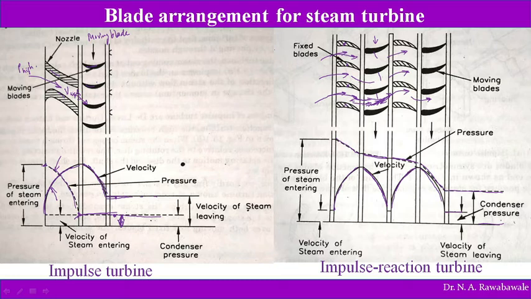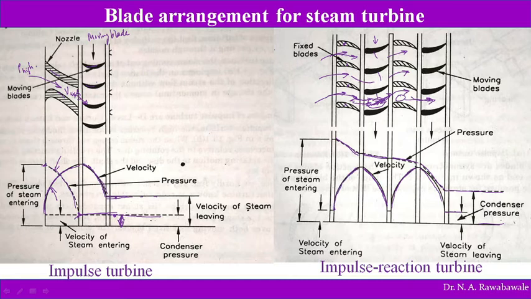Steam is expanded in multiple stages in the case of an impulse reaction turbine. First it passes through the fixed blades where kinetic energy is increased and pressure is reduced. Then it passes through the set of moving blades, then steam is passed again through the set of fixed blades, and again through the set of moving blades. Initially the pressure of steam gets reduced when it passes through the set of fixed blades, and velocity increases.